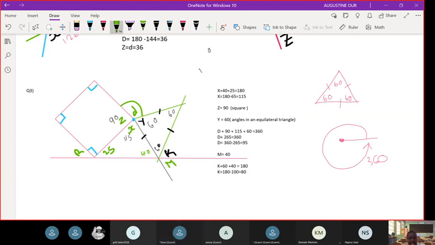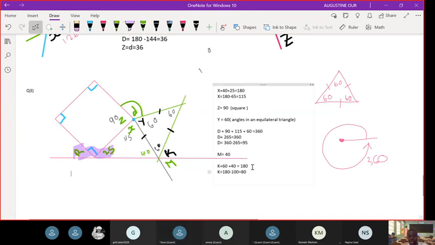You can see R and 125 and 90 degrees are in a straight line, right? So how can you find R? You know that these angles here are in a straight line, right?